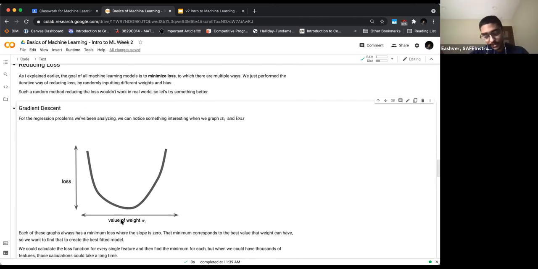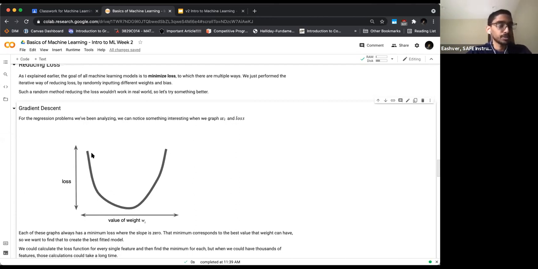So what we could do is calculate the loss function for every single feature, which is kind of what we did before. We'd calculate this curve, and then we'd find the minimum in the middle.